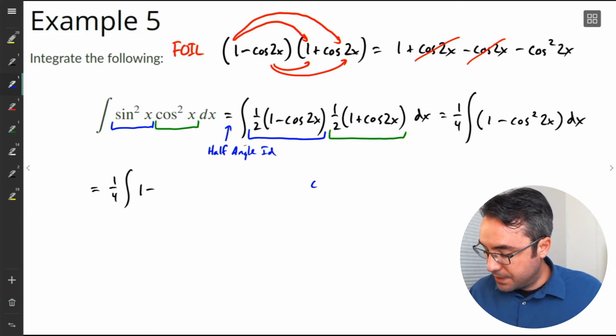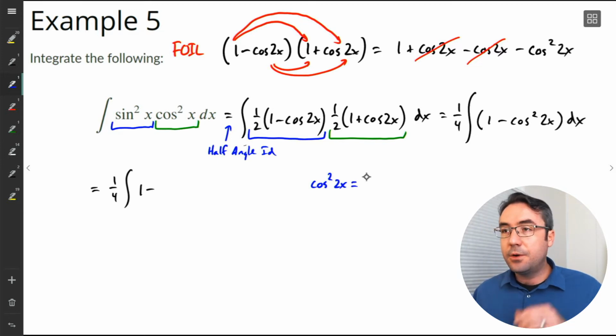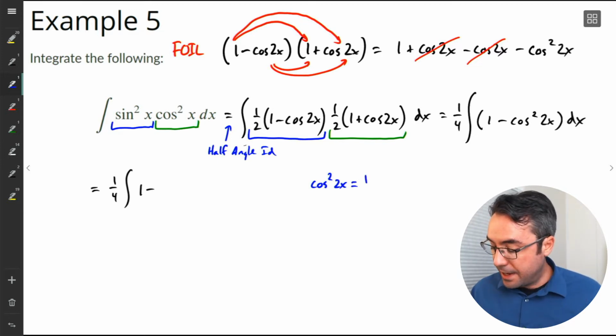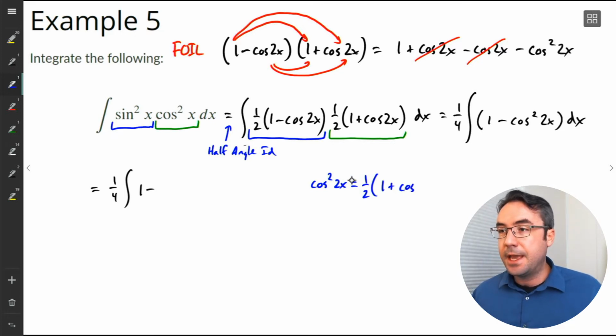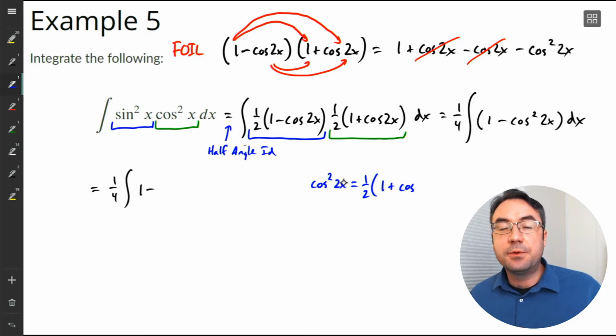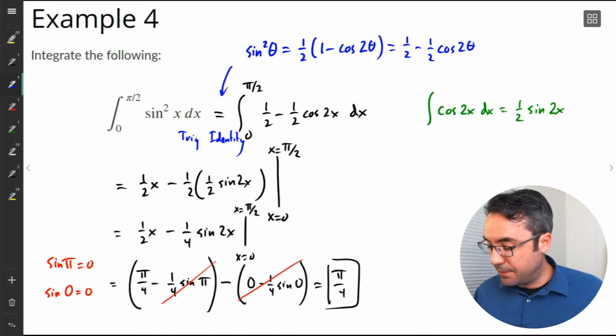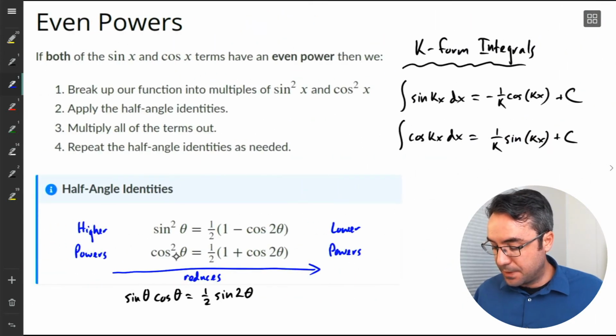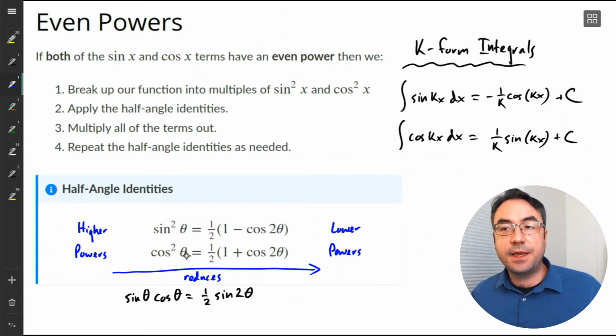So what is cosine squared of 2x going to be? Well, we know it's going to be 1/2 times 1 plus cosine, and what happens is we double the angle that's there. If we go back to our trig identity, right here, cosine squared of theta, we take that entire angle and it gets doubled.